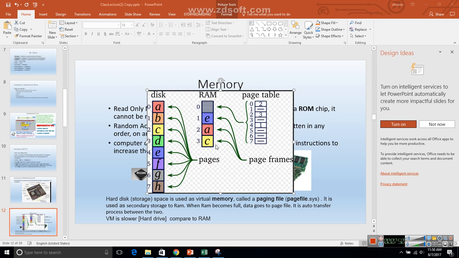So one more time, CPU works with data, all the processing is done in CPU. For example, as I said, it's working on customers' information, processing customer information that is stored basically in the hard drive. So from the hard drive it gets loaded to memory, and if memory is full, it goes to the page file.